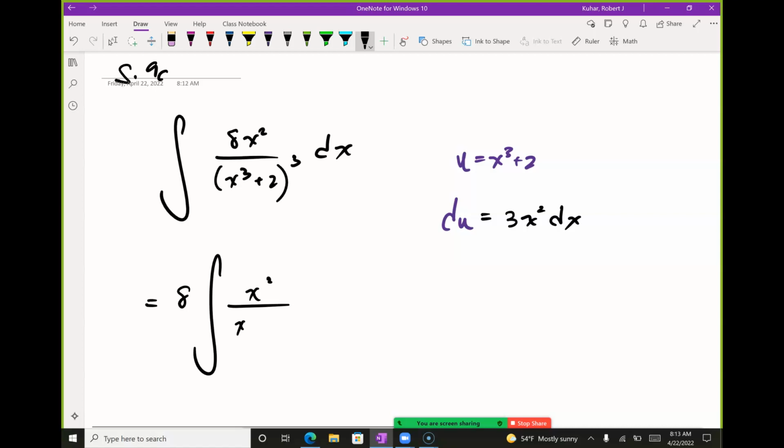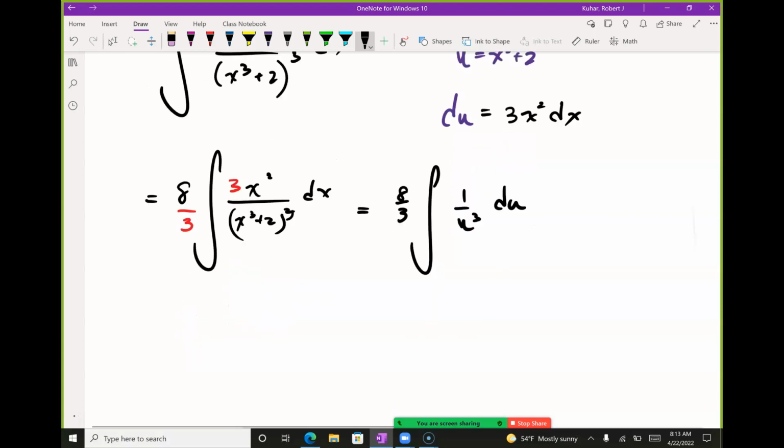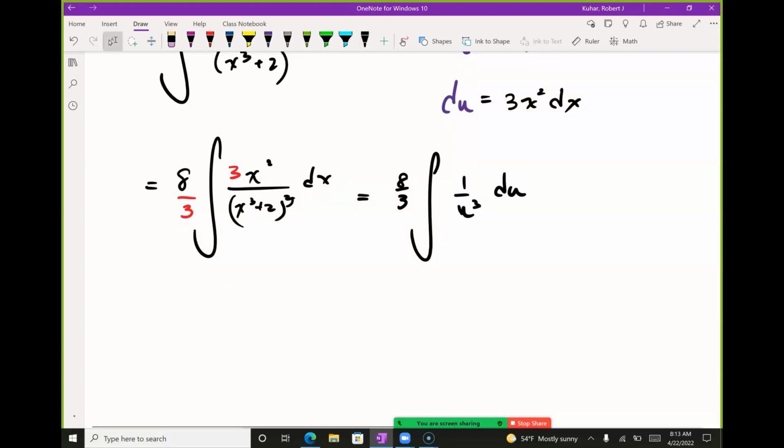So I have my original problem still, and I need to multiply by 3. So I'm going to multiply by 3, and then to cancel that, I need to divide by 3, right? So now I see I have 8/3 of the integral of 1 over u cubed du. How we doing? Okay.